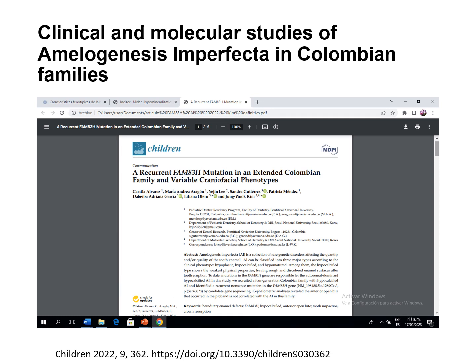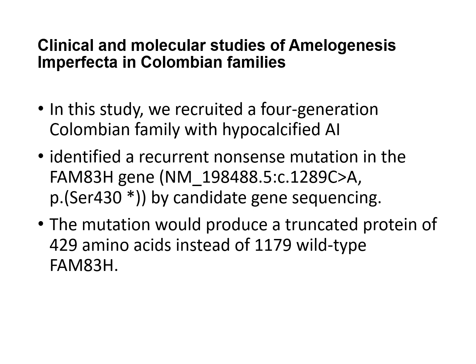This study, published in 2022 in collaboration with Dr. Jung-Won Kim, discovered a mutation reported by this same doctor in the FAM83H gene in the Korean population. In this study, we recruited a fourth-generation Colombian family with hypocalcified amelogenesis imperfecta.